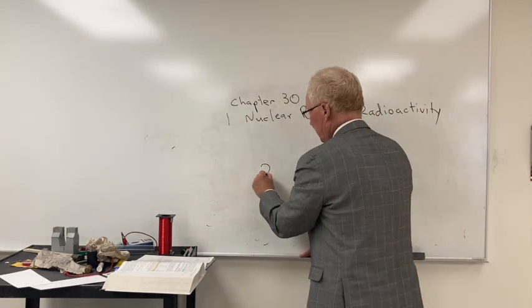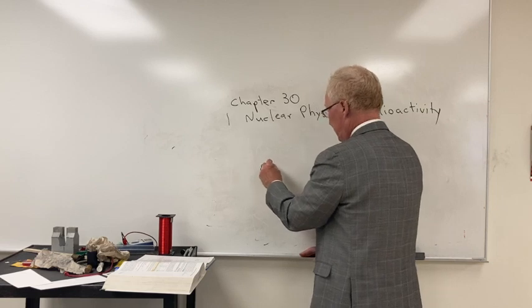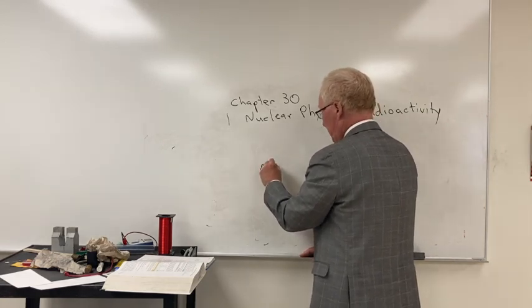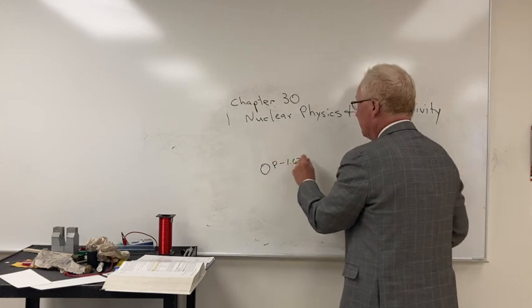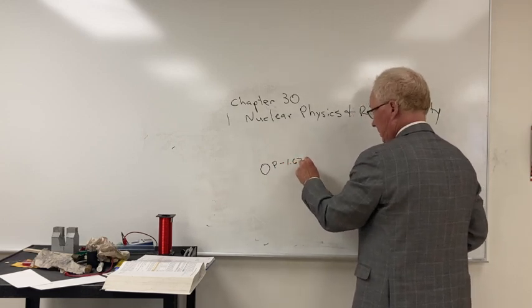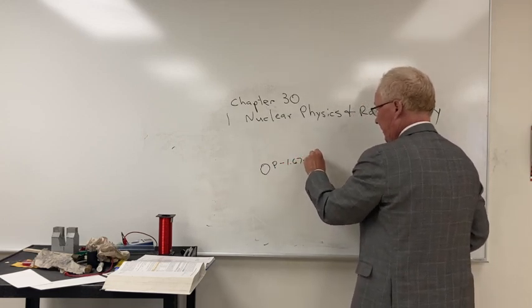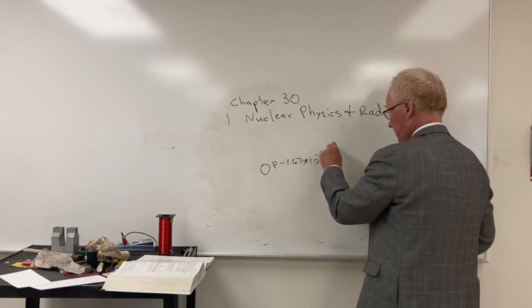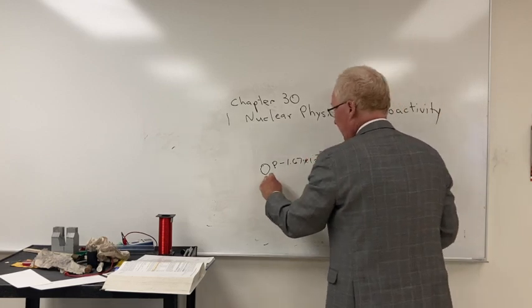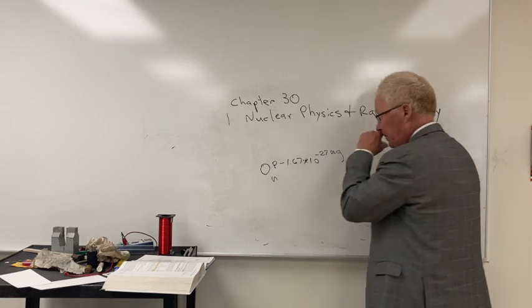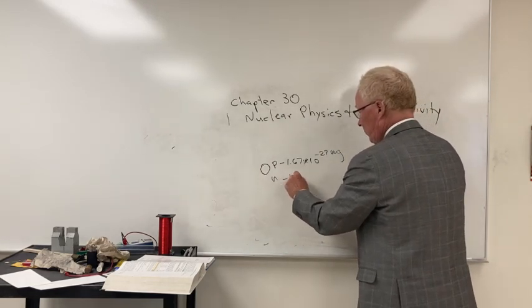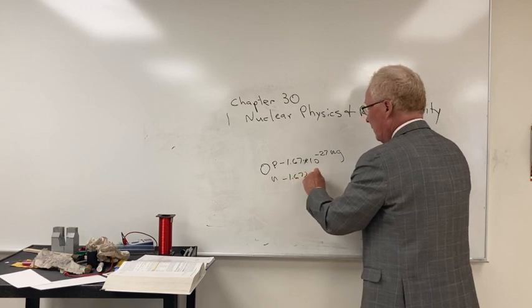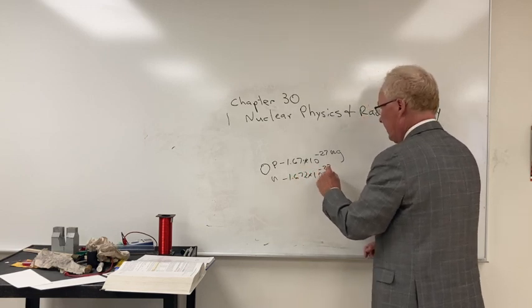Again, the nucleus consists of protons, which have a mass of approximately 1.67 times 10 to the minus 27th kilograms, and neutrons, which is actually a proton and electron together, so it's a little bit bigger, 1.672 times 10 to the minus 27th.